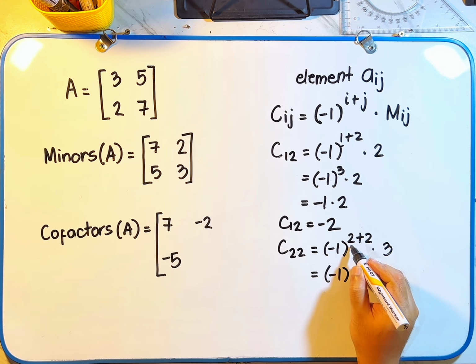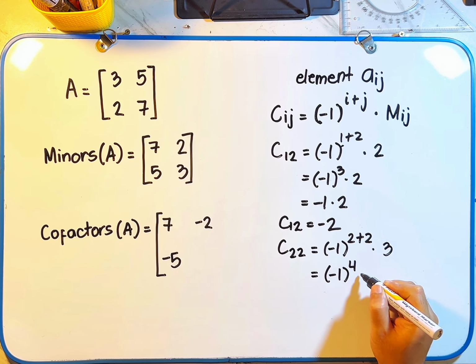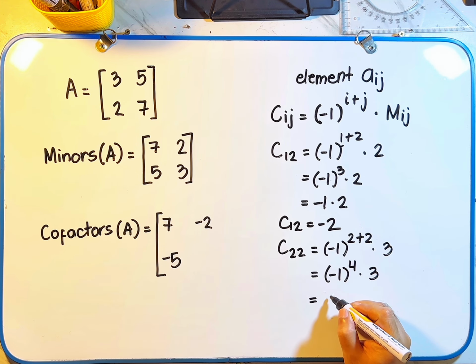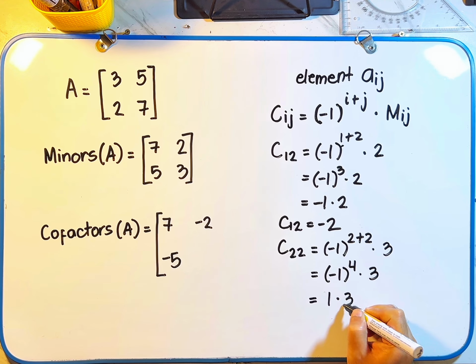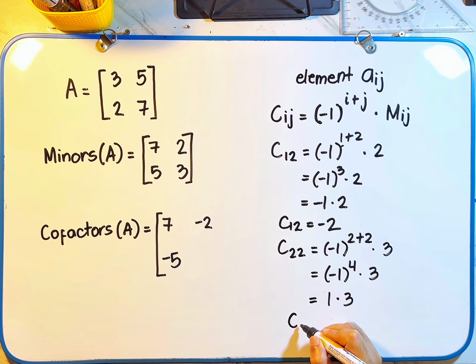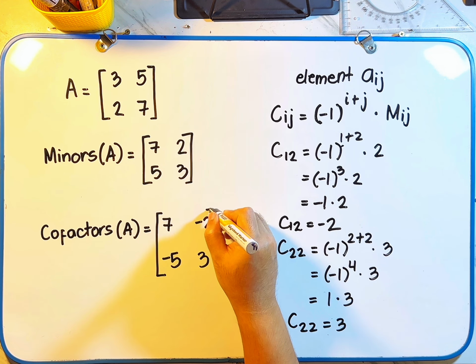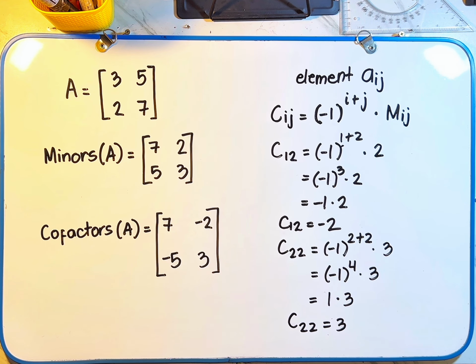Negative 1, 2 plus 2 is equal to 4, times 3. Negative 1 raised to 4, 4 is an even number, so it becomes positive. And 1 times 3 is 3. So the cofactor is 3. Again, the cofactor in the second row, second column is 3. Therefore, our cofactors is complete.